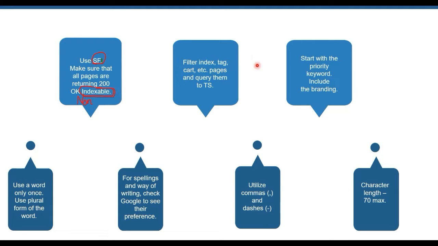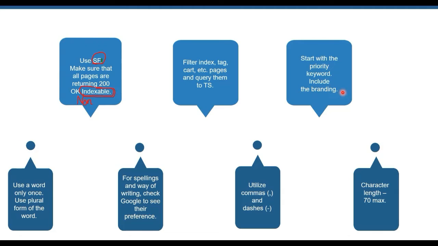Okay, next is start with the priority keyword and include the branding. What is your priority keyword? Would you like to put there affordable house and lot, best photographer? Those are examples of priority keywords. And then you have to put there the branding.